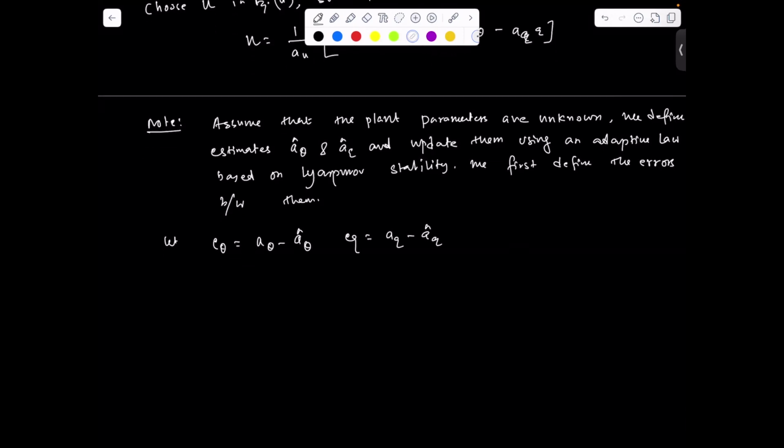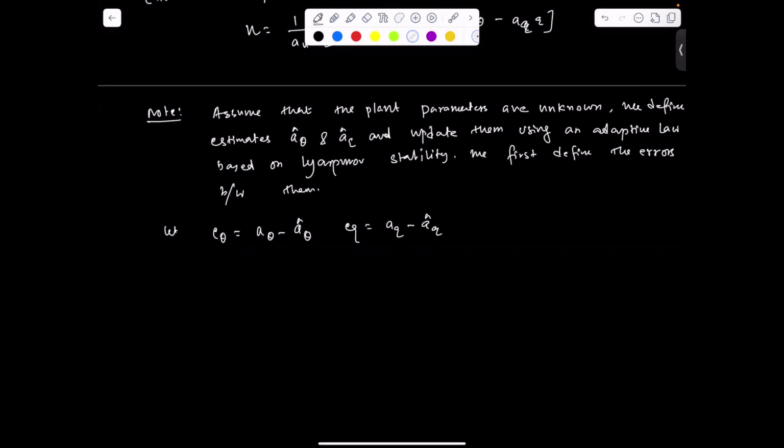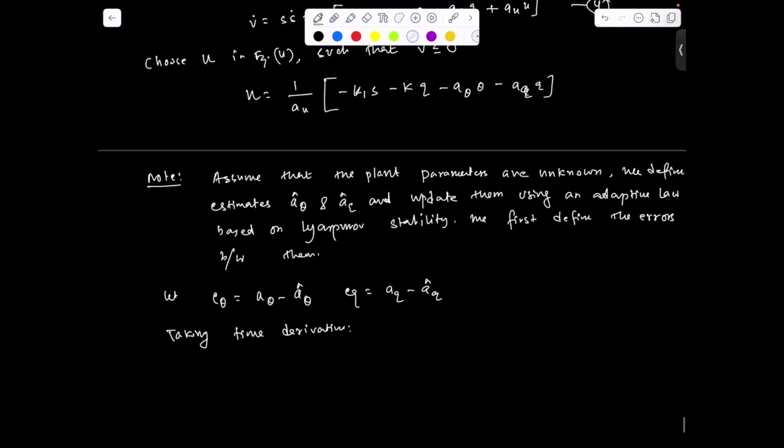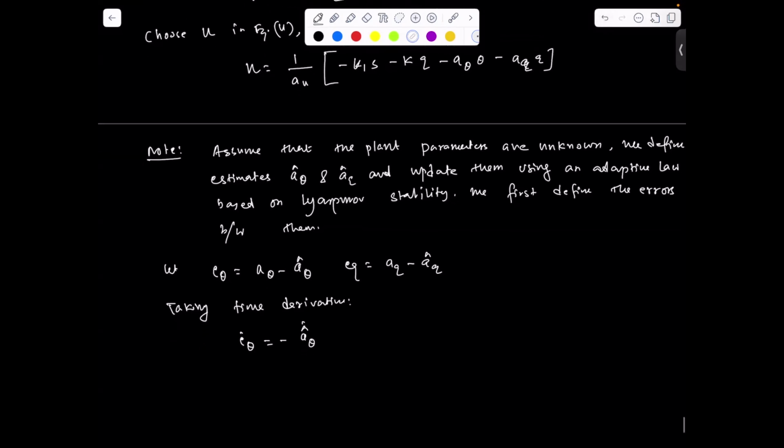Okay. So taking time derivative of these errors, we have E theta dot equal to minus A theta cap dot and EQ dot equal to minus AQ cap dot.